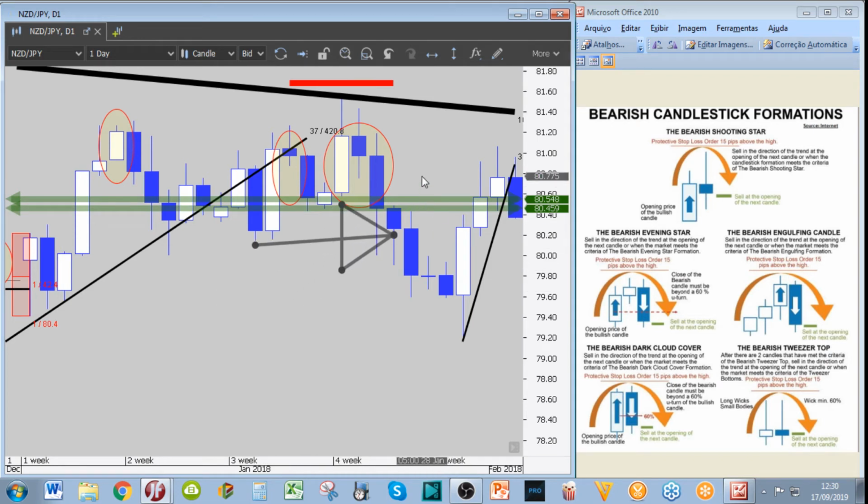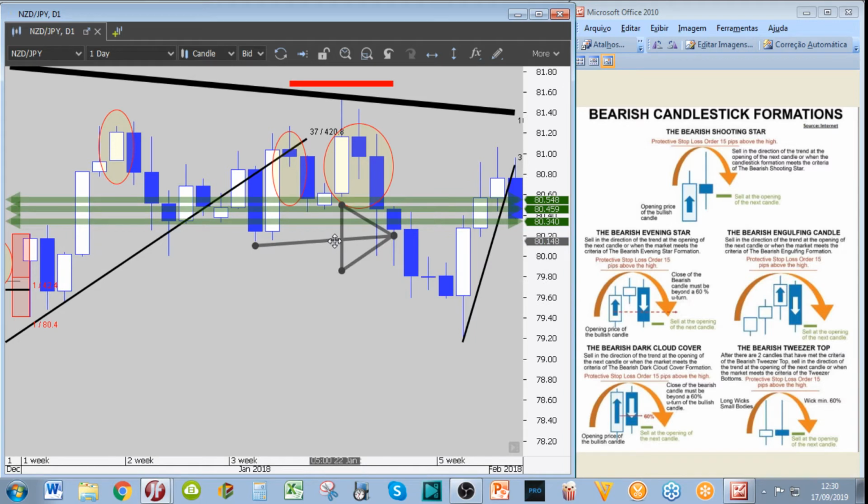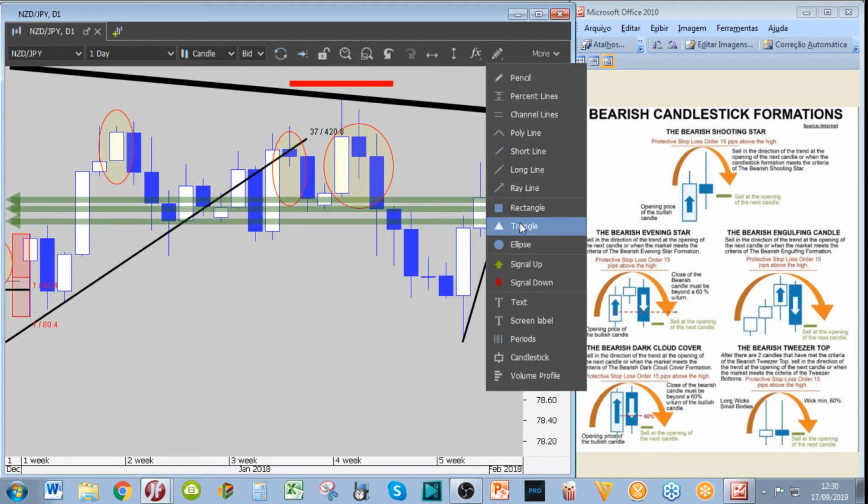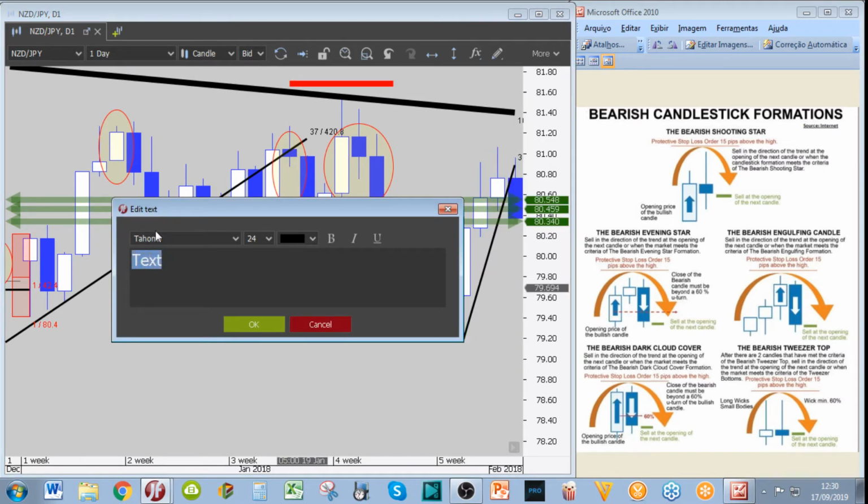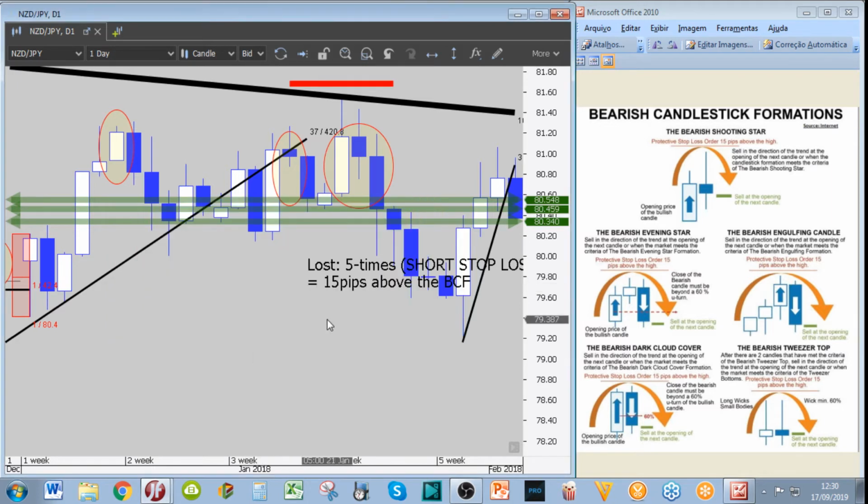Okay, so we're going to have a third entry. Remember in here, we lost 5 times. Short stop loss equals 15 pips above the bearish candlestick formation.